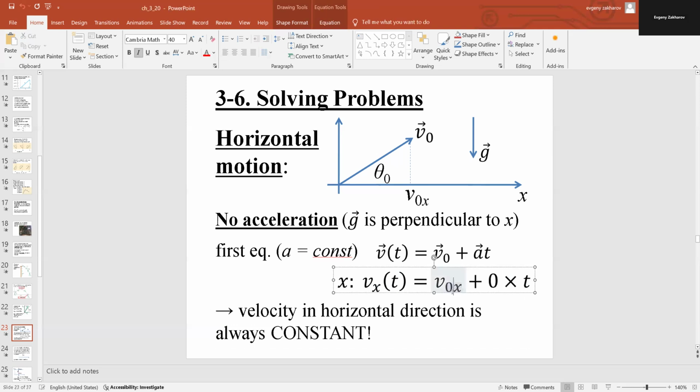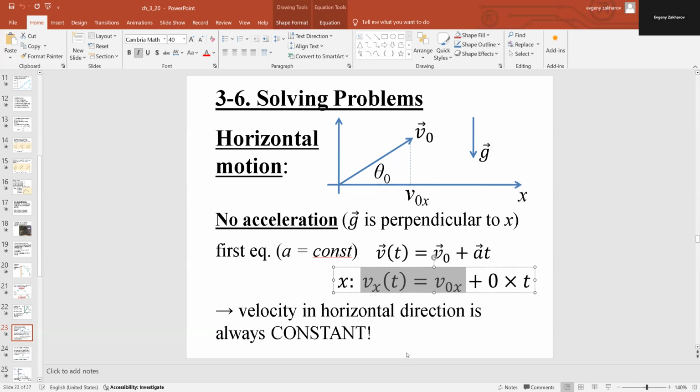So what do we get here? We get that no matter what the time is, you multiply by a 0, and that's just 0. So your x component for velocity vector is constant. It never changes. Whatever is the initial component, this v sub 0 cosine theta, it's going to stay as this value for the rest of the motion.